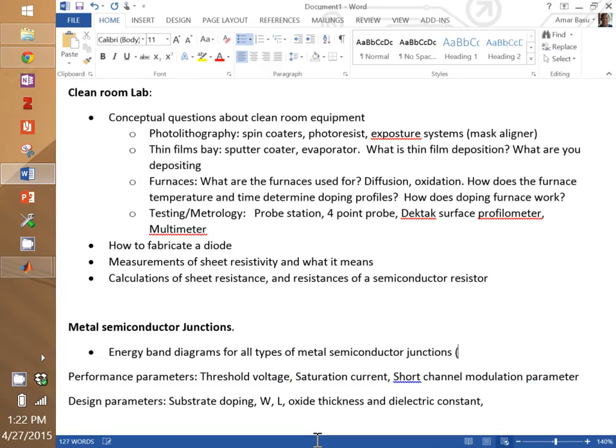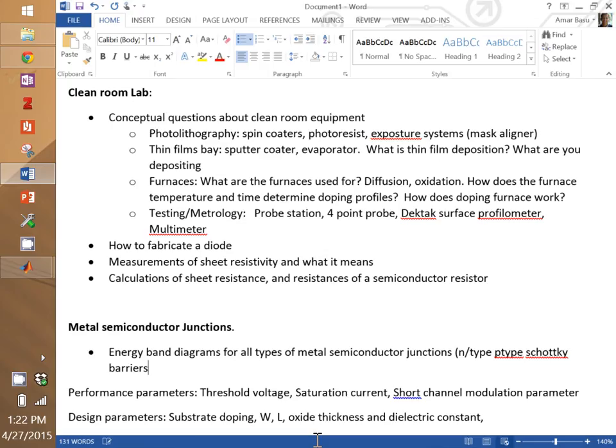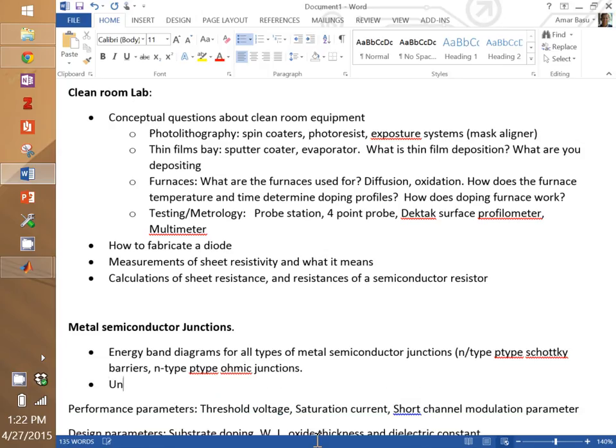So N-type, P-type Schottky barriers, N-type, P-type ohmic junctions. So understand the concept of tunneling.